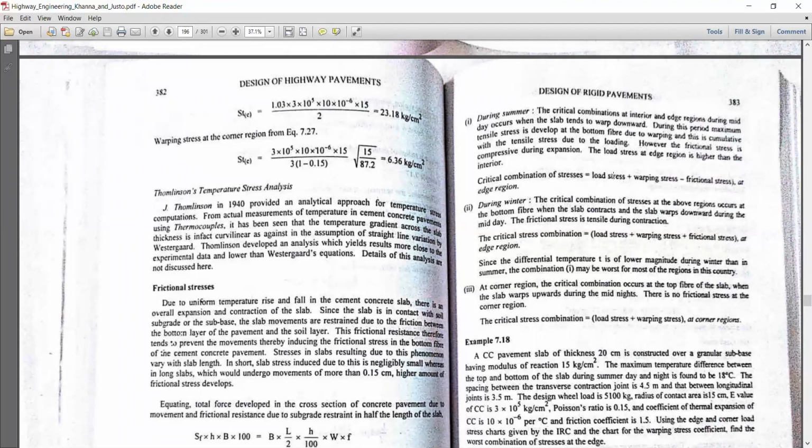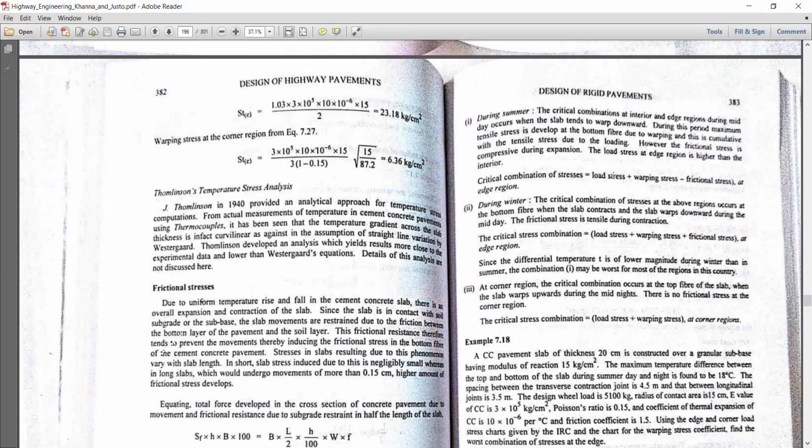Similarly, during winter season, the warp will usually be in the upward direction. So during winter season, we can consider the critical combination as load stress plus warping stress plus frictional stress. In winter season, contraction of the slab will take place.